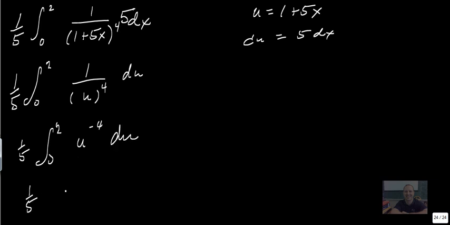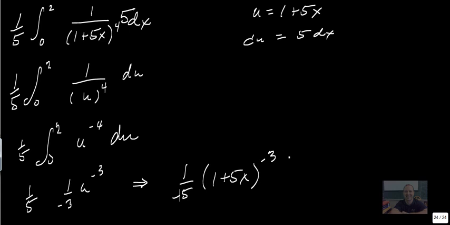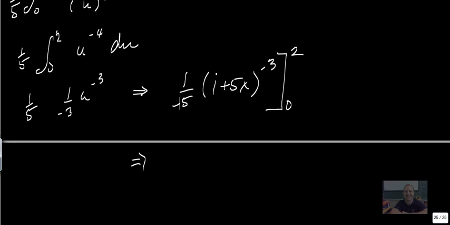So this is 1/5 times u to the negative 3 over negative 3, which becomes 1 over negative 15 times 1 plus 5x to the power of negative 3. And we can use the same limits of integration, 0 to 2.